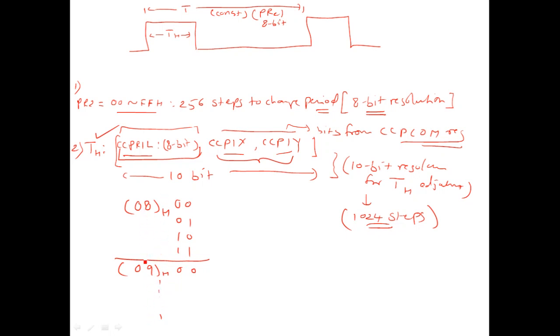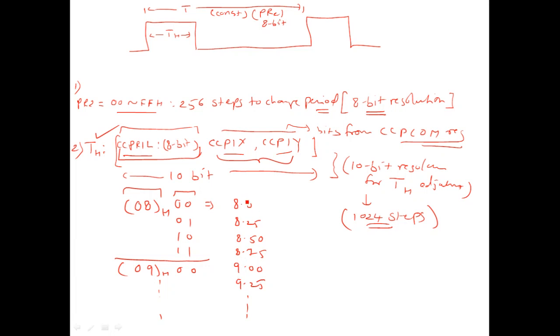So in this manner the count will progress. Up till now it is 08, and now it will become 09. So you can imagine that this is an integral part, and this can be considered a fractional part. So I can say this is 8.0, this is 8.25, this is 8.50, this is 8.75, and this is 9, then 9.25, and so on.